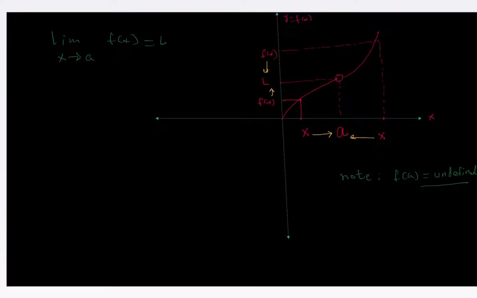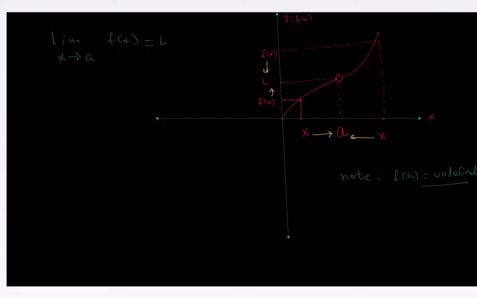I do not care about the value of f of A. I do not care about this continuity, as long as f of x behaves. It's the behavior of the f of x that the limit cares about.